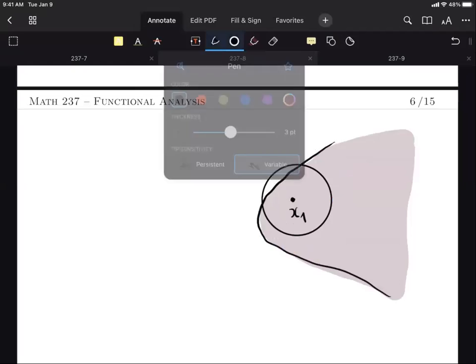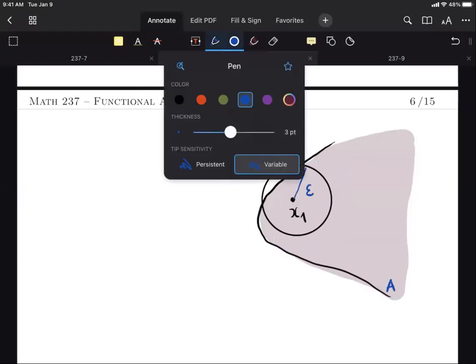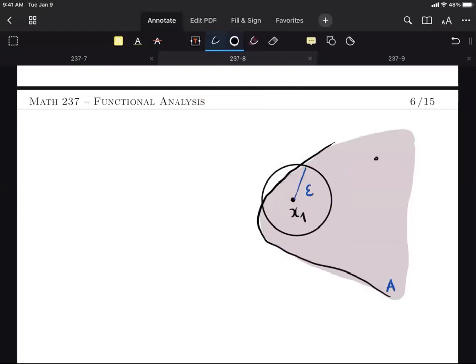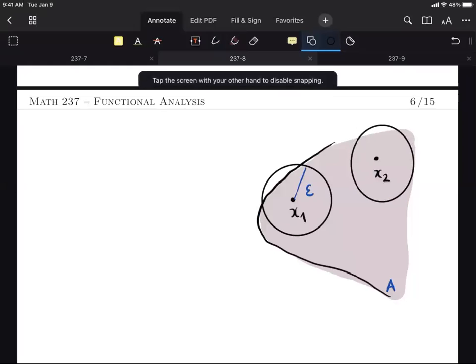So the radius here must be, say, epsilon. Since it is not possible to cover A by finitely many balls, there must be an x2 that is outside this ball. Again, we construct the ball centered at this point.